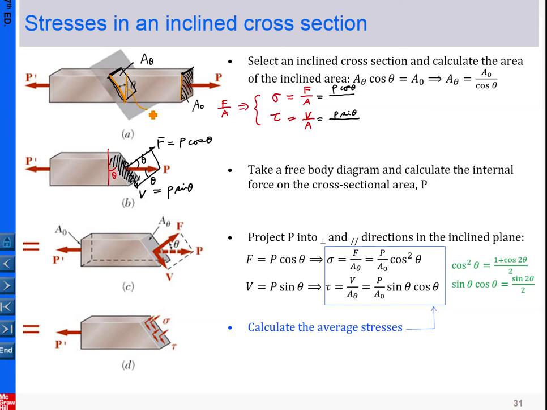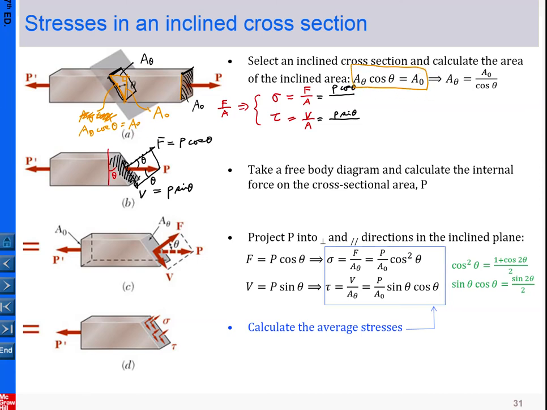This length is A naught, and this length is A theta. Can you see from this triangle? This is normal, this is theta. So A theta multiplied by cosine theta equals A naught, like I wrote here.